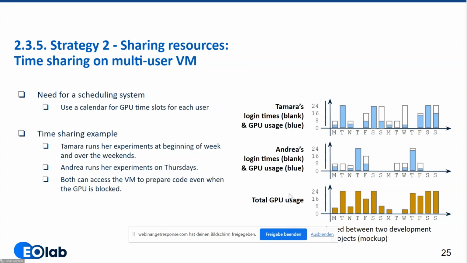And Andrea runs her experiments on Thursdays. That's the day she got for doing this. If you look at Andrea's Thursday, it's 24 hours that it's running, and the next day in the morning, it's still running until the morning. So the process would run overnight in that case.